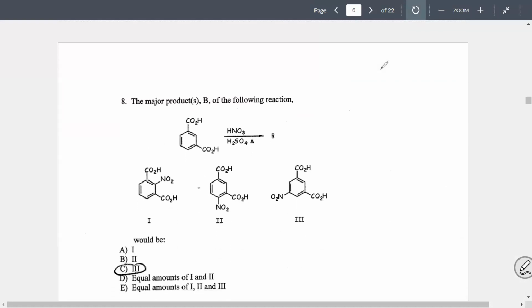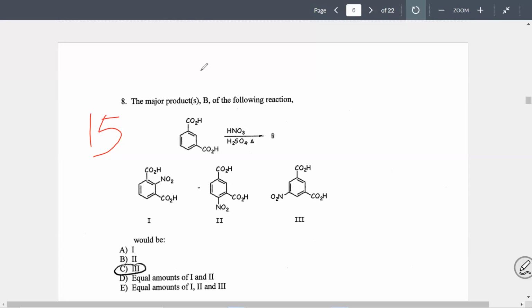Okay, this one. What chapter is that from? I know that you guys are confused with chapters, but I think you mean 15 because we have benzene. Okay, what kind of reaction are you trying to do? That's a nitration. Do you have directors in your benzene group? What kind? Strong or weak?